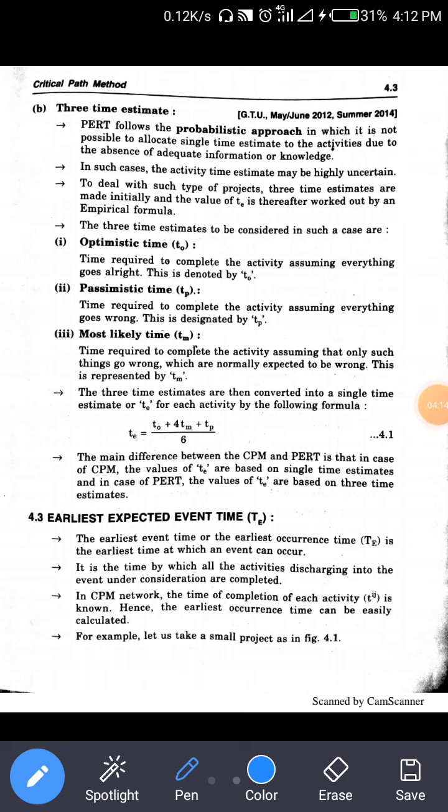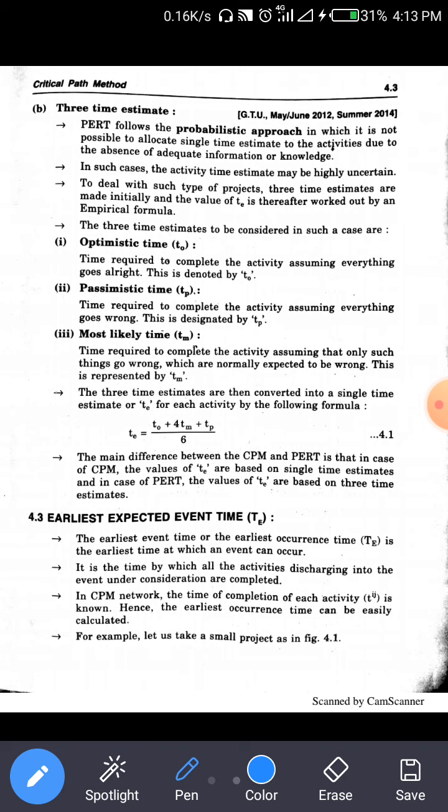The second is the three time estimate, generally used in PERT. PERT means program evaluation review technique, and PERT follows the probabilistic approach. Three times are given for a three time estimate in PERT: TO, TP and TM. What is TO?